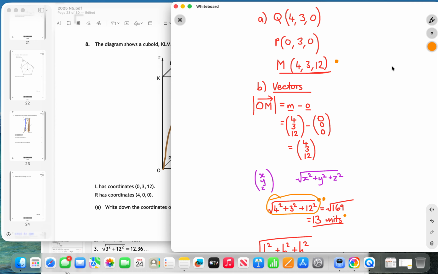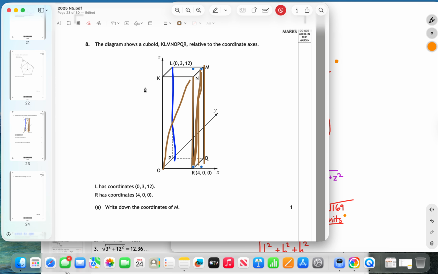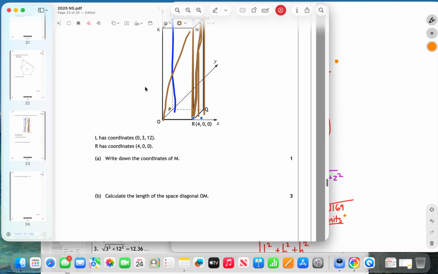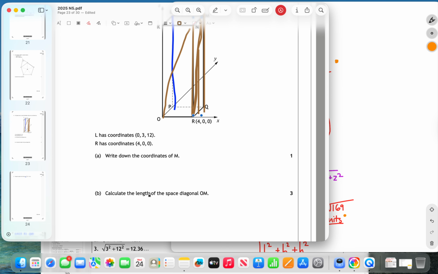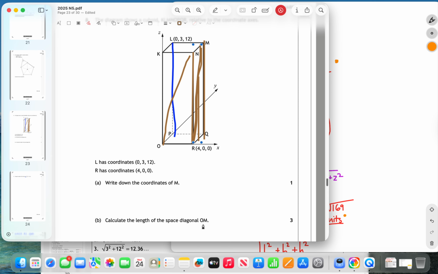The only thing is, if you make the answer to M such that B is really easy. So for example, if you wrote that M is, I don't know, 0, 0, 0, and you said M was the origin. Now, that is nonsense. But suppose you wrote that, then you found that the length was 0 because M is 0, 0, 0 and O is 0, 0, 0.